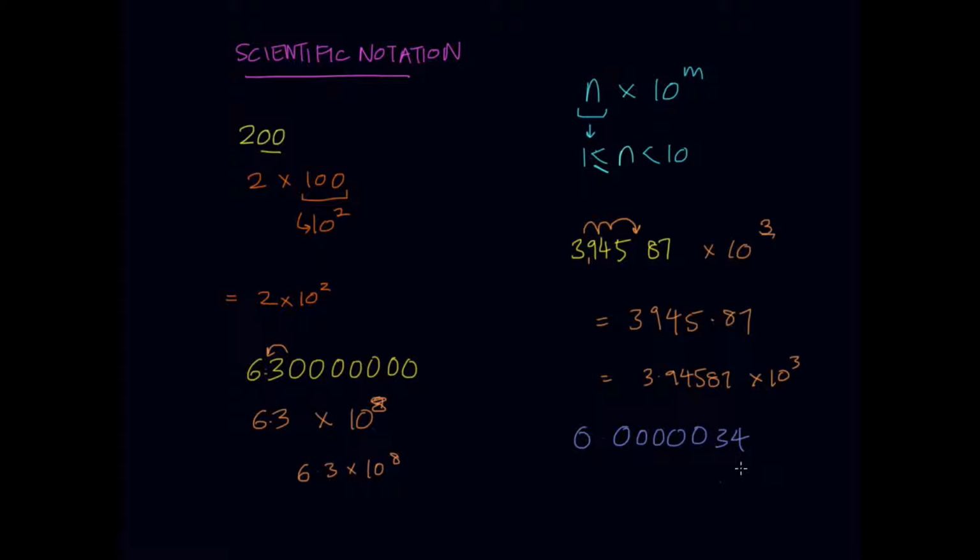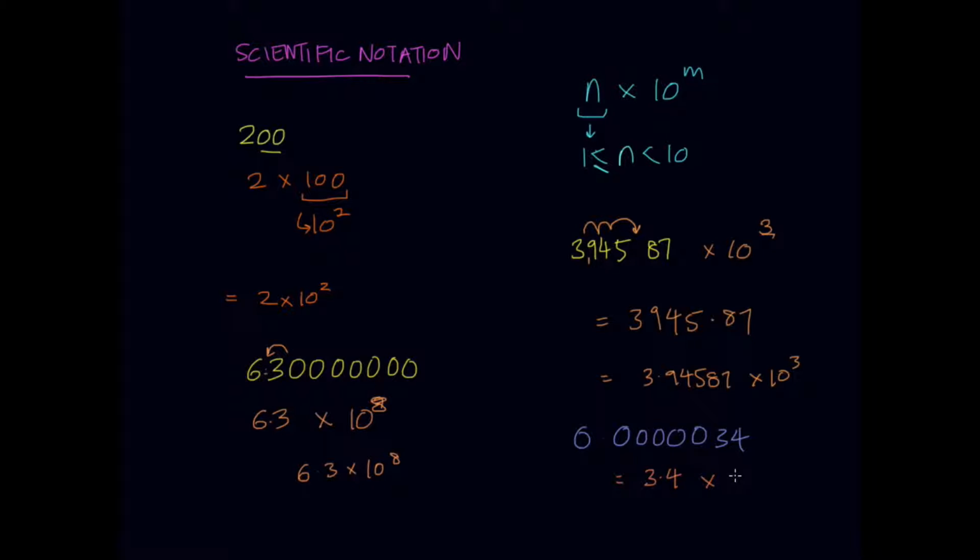So if we put the decimal here, just ignoring these zeros for a second, we have 34. Now 34 is much, much bigger than 10. So we need our value to be 3.4, right? So we decide that our value is going to be 3.4.